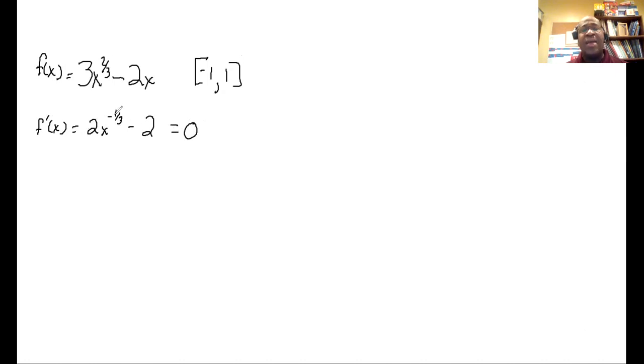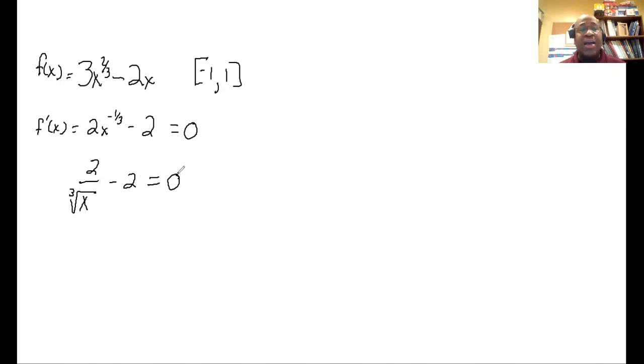Now, remember that this power, x to the -1/3 power, is equivalent to saying 2 over x to the +1/3 power, or simply 2 over the cube root of x. Now, I choose to write it this way so that we can see one thing that is apparent.